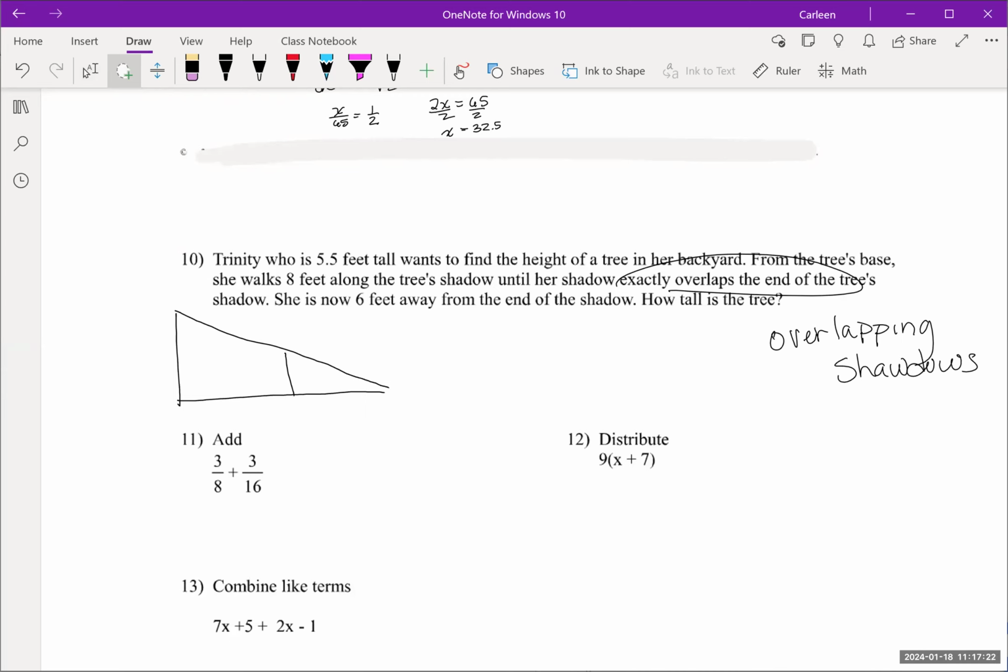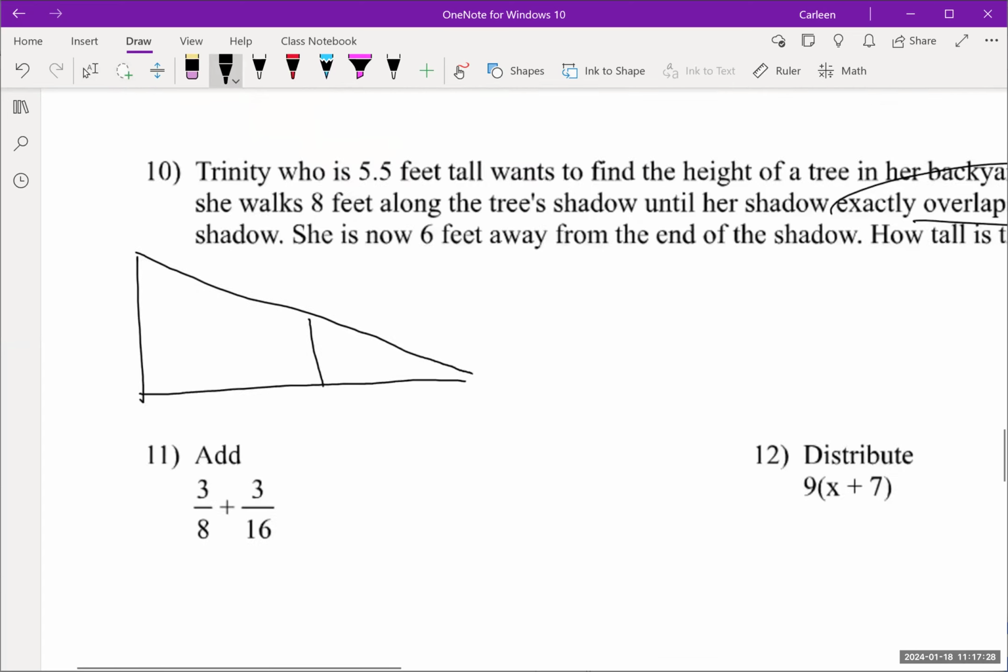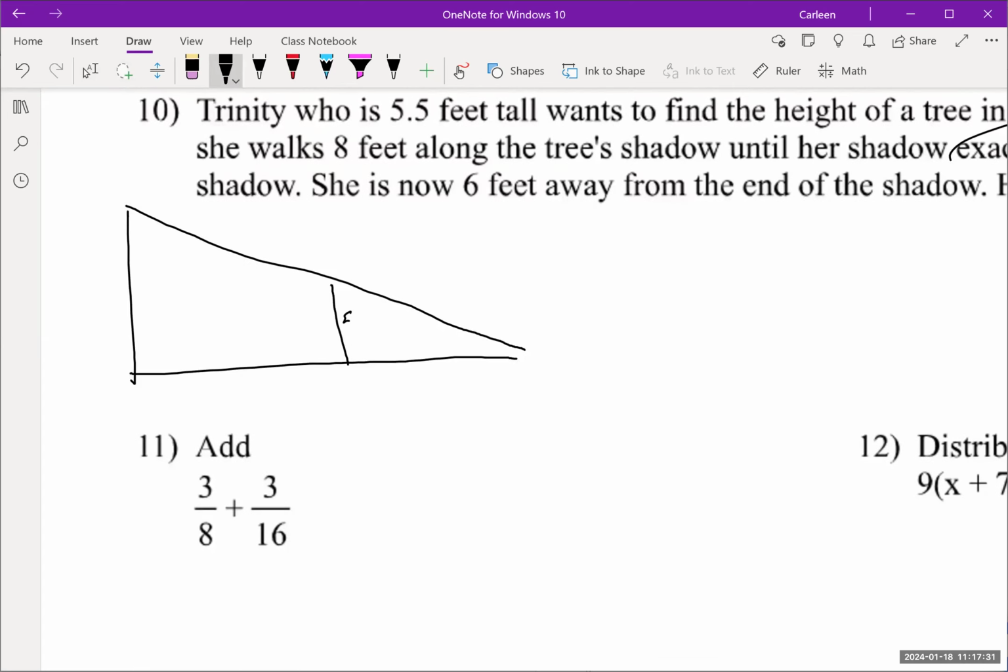So now Trinity is 5.5 feet tall. Here's Trinity. There's Trinity. Trinity is 5.5 feet tall. From the tree's base, she walks 8 feet and stops. Are you with me so far?